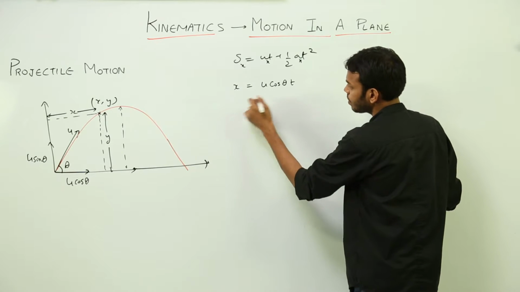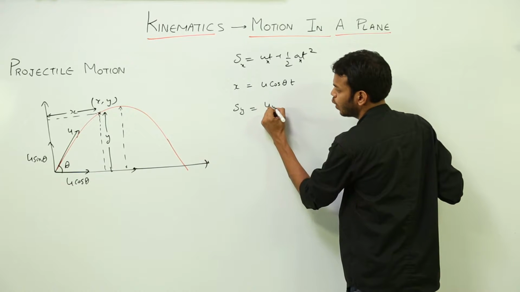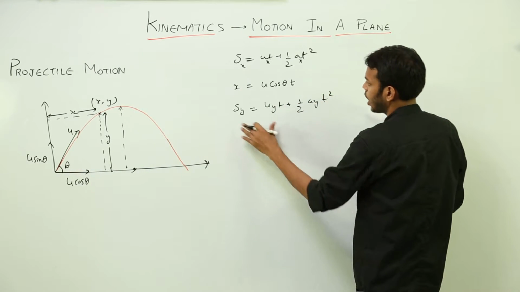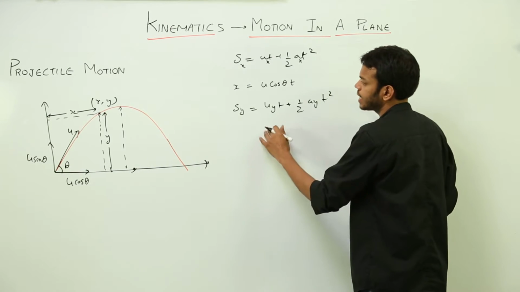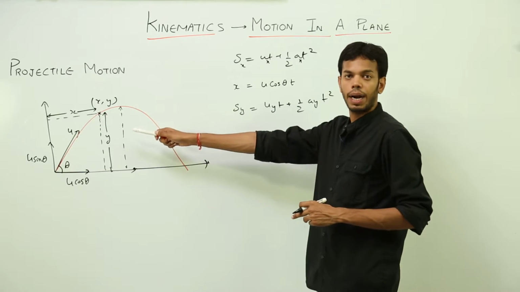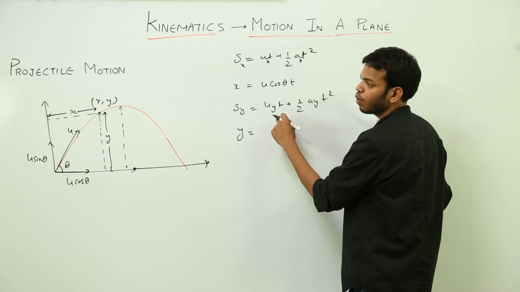In the same way, using the same formula, sy = uy t + half ay t square. Now I am writing the same equation of motion for the vertical direction, the y axis. So sy, the displacement or distance covered by the projectile particle along the y axis, will become y. This is equal to uy. What is uy?